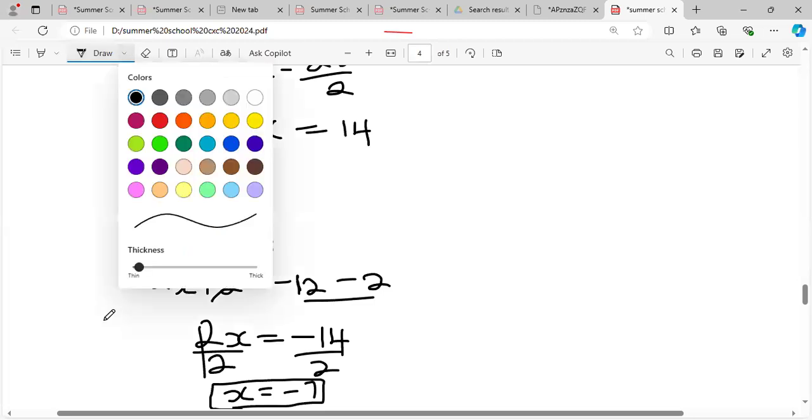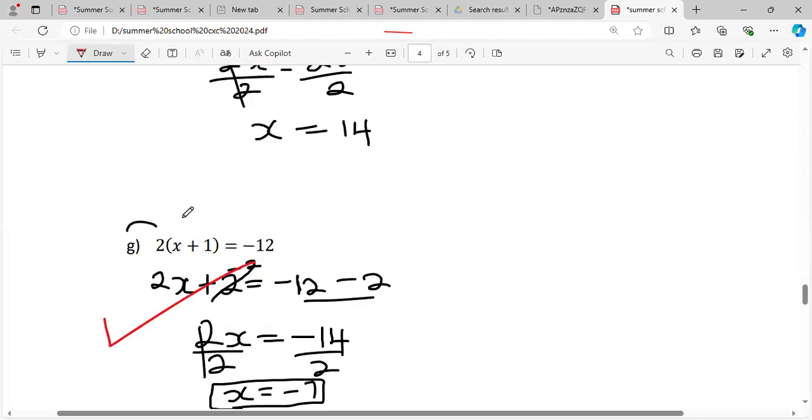It makes sense because if you plug negative 7 in here, plus the 1, this is going to give us minus 6 because the 7 is bigger. And 2 times negative 6 equals negative 12.